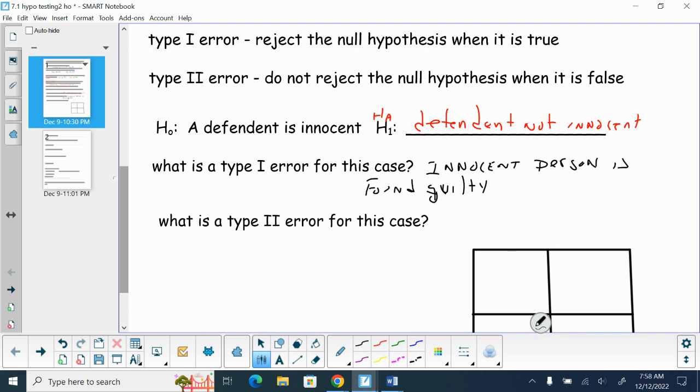He's guilty, but he has been set free. A lot of people will say O.J. Simpson is a type 2 error.